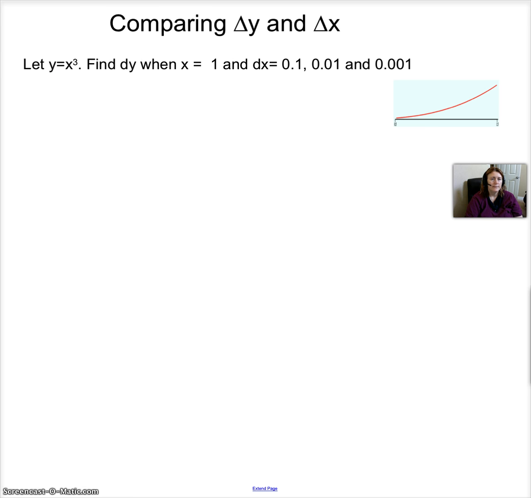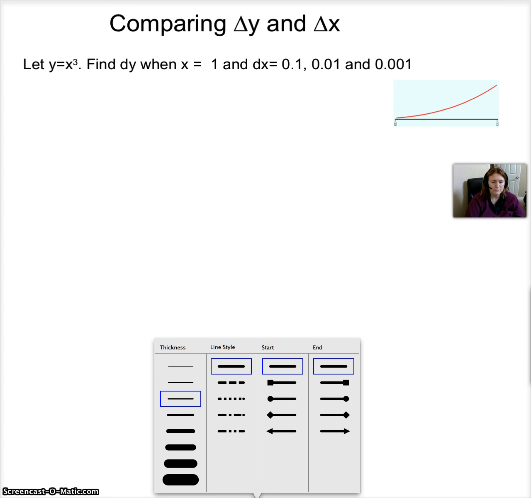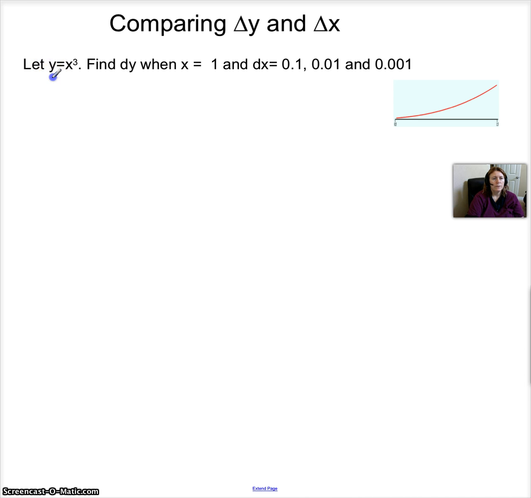All right, let's see what this means and why we would use it. Let y equal x cubed. And let's find dy when x is 1 and dx is 0.1, 0.01, and 0.001.